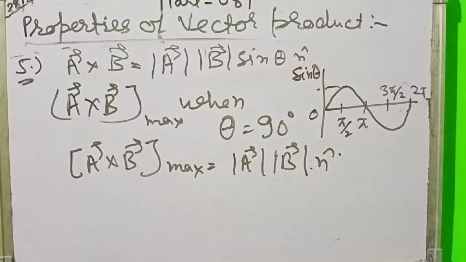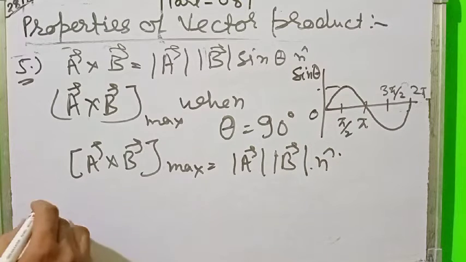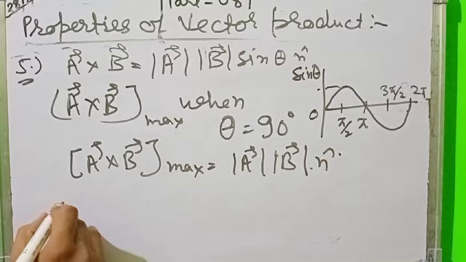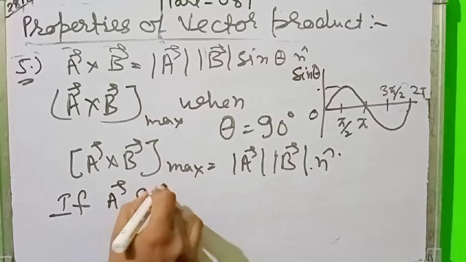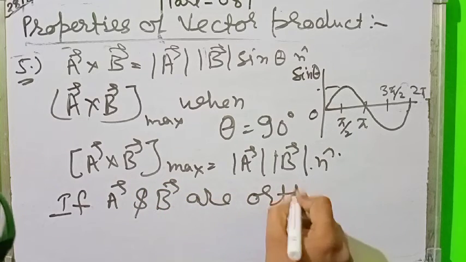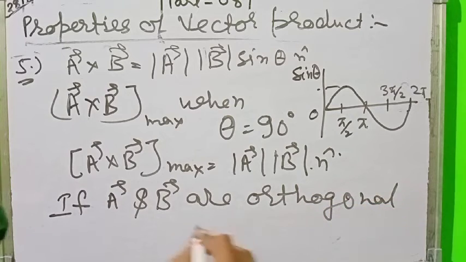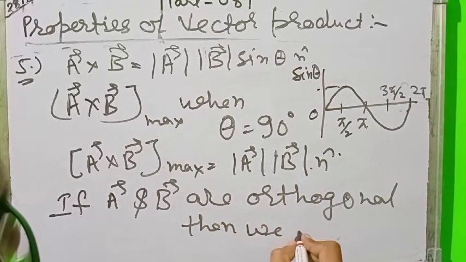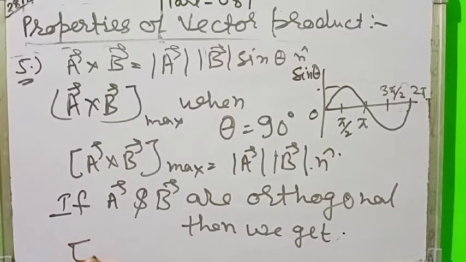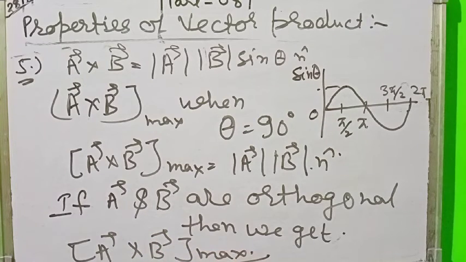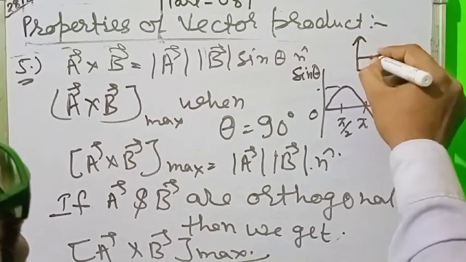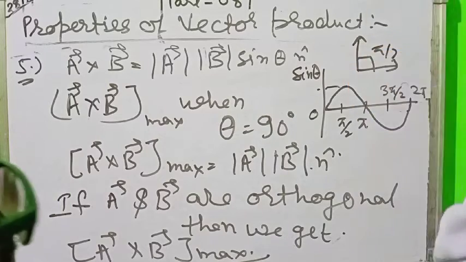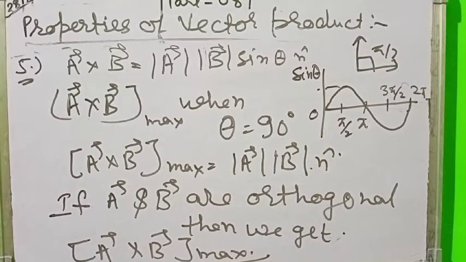So if vector A and vector B are orthogonal, then we get the maximum value of A cross B. Orthogonal means the two vectors are perpendicular, and then the vector in this direction has the maximum value.